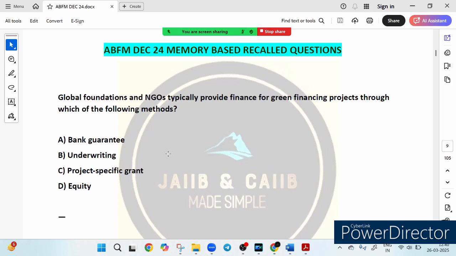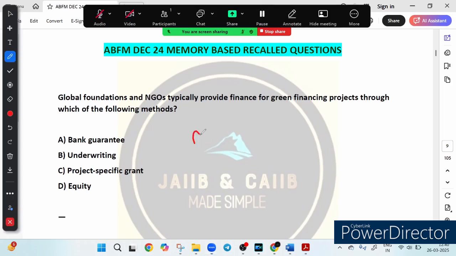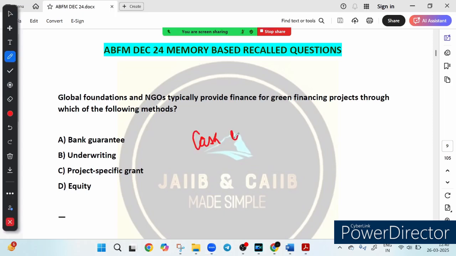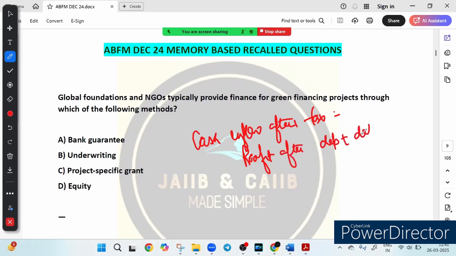One formula you must keep in mind: cash inflow after tax is equal to profit after depreciation plus depreciation minus tax. Right, profit after depreciation plus depreciation minus tax. So this is how we go about calculating it. Now let's look at the next question.